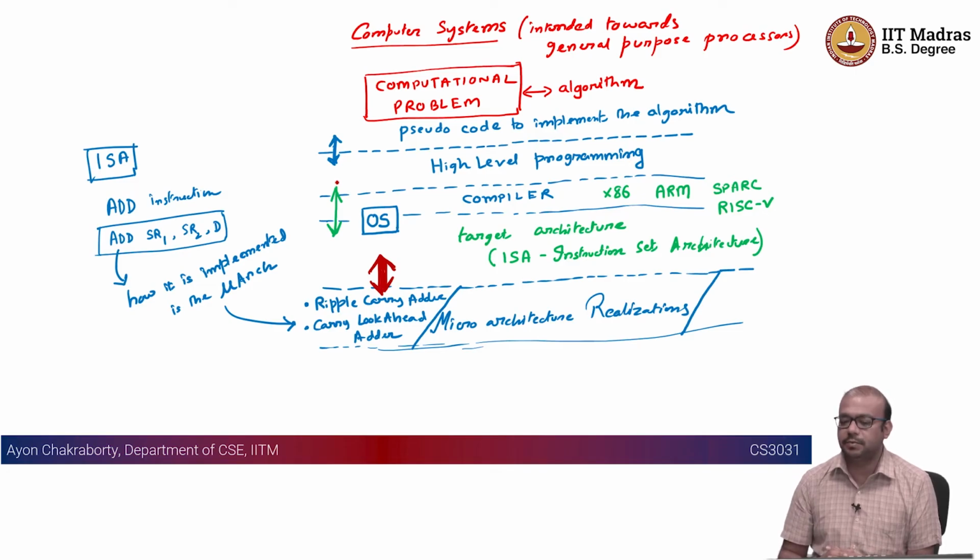Whereas in case of a RISC processor, which is a reduced instruction set computer, you are going to see much more simplified, more humble instructions that are probably not doing a lot, but you can use a lot of them to realize similar functionalities, right? As long as the instruction set architecture that you are providing can help you solve any sort of computational problem, that should not be an issue, right?